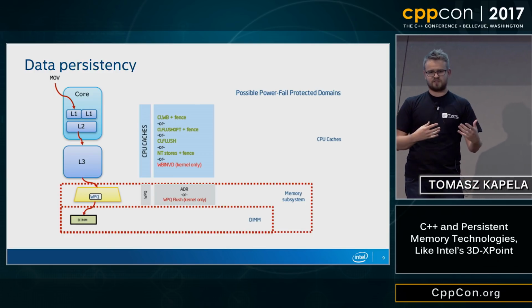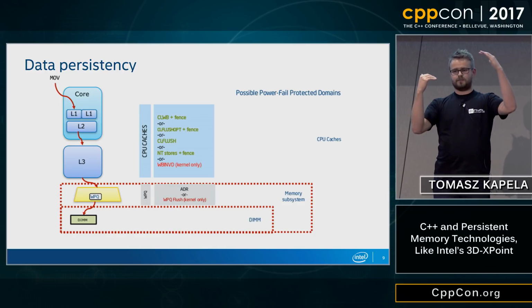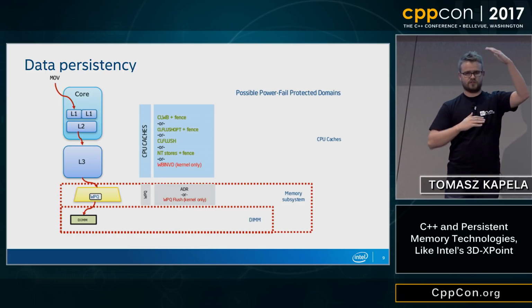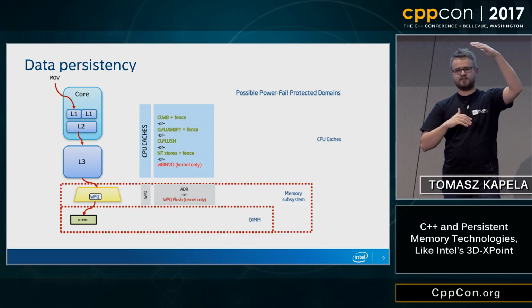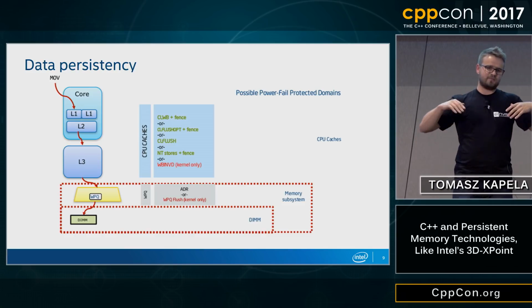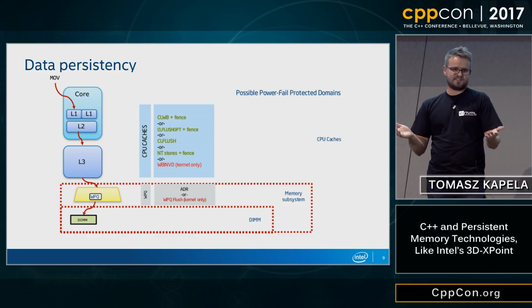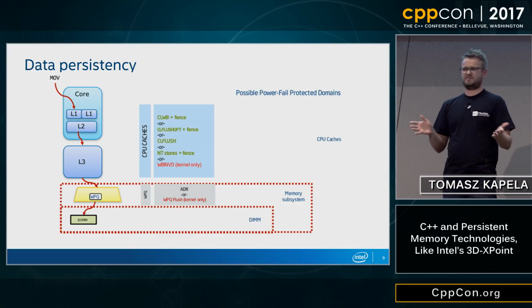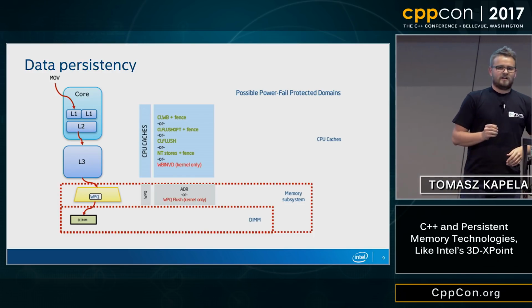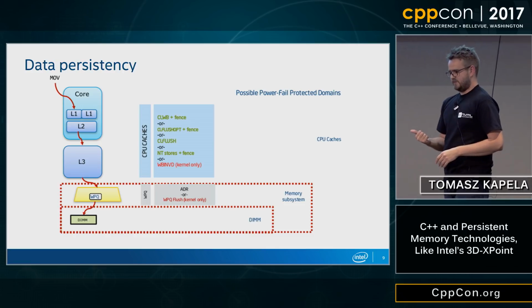The benefit of CLFLUSHOPT is that you can issue a number of those for a range of cache lines, and the CPU is free to do them in any order it likes to optimize, and it in fact does optimize it, and it's like a 10% improvement, I think, in flushing overall. So CLFLUSHOPT is a new instruction.